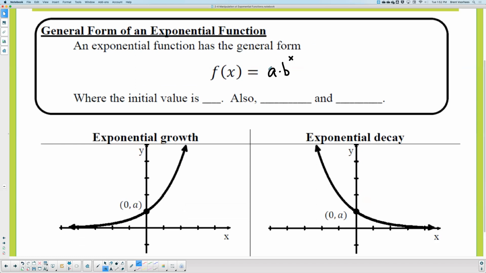Now, in this situation, the initial value is a. Whatever value is right there, that's your initial value. Also, a cannot be equal to 0. And your base needs to be greater than 0.